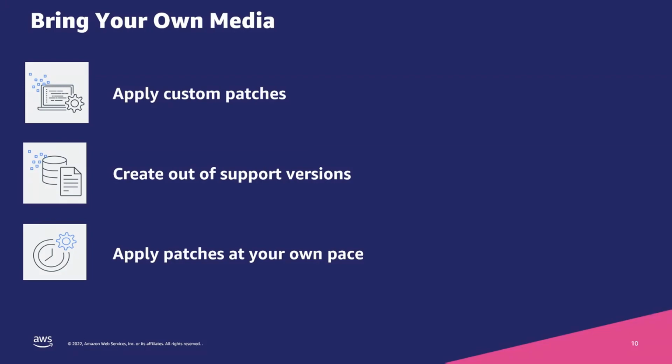Now, for RDS Custom, you supply your own media. So when you create a custom engine version, RDS Custom installs the media that you provide, and custom media contains your database installation files and the patches. So this service model is called bring your own media.